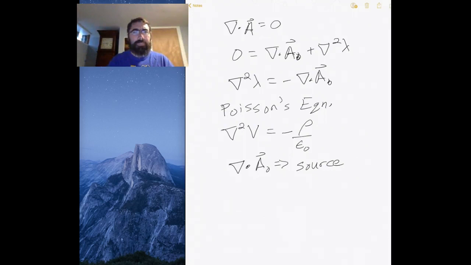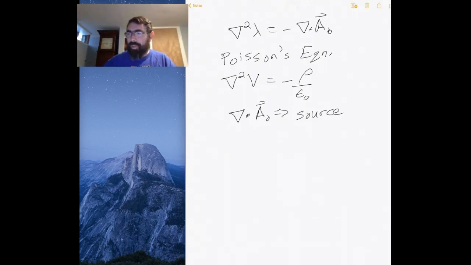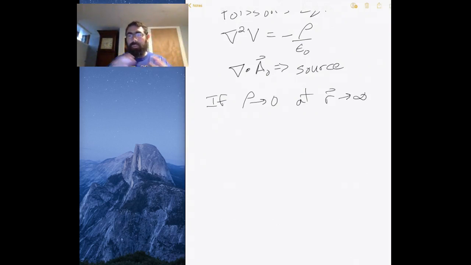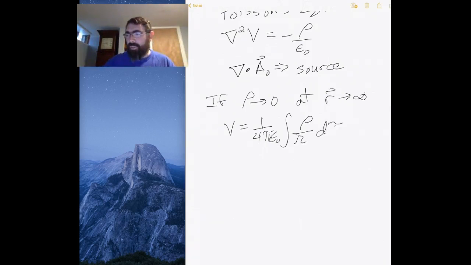If I keep this analogy going, then if my charge density goes to 0 when the distance from it approaches infinity, because I don't want any potential at infinity, then I can look at Coulomb's law for the electric potential, which is just the charge density divided by the distance, integrated over the volume.